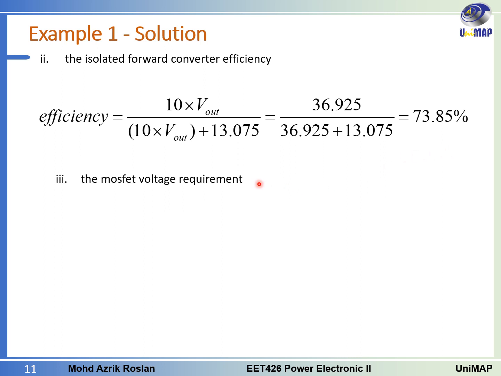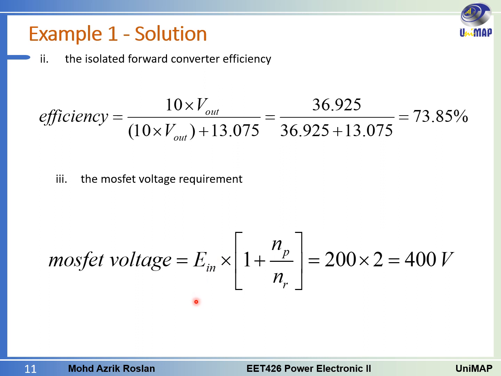And then for the MOSFET voltage requirement, this is the equation you have to use: E in, the input voltage, multiplied by 1 plus NP over NR. This is the maximum voltage that will occur at the MOSFET.